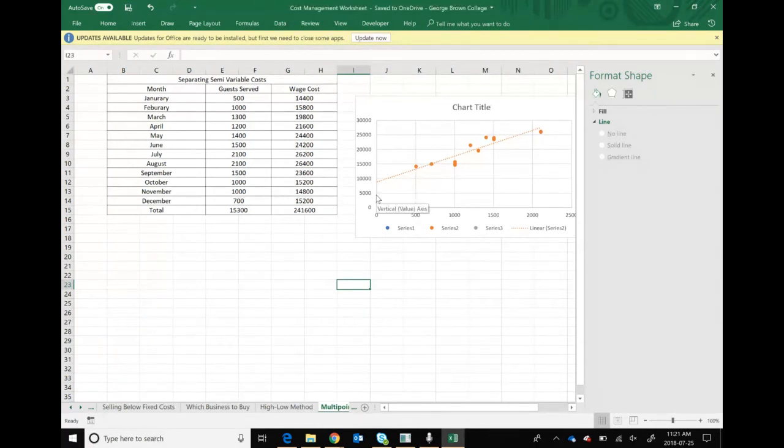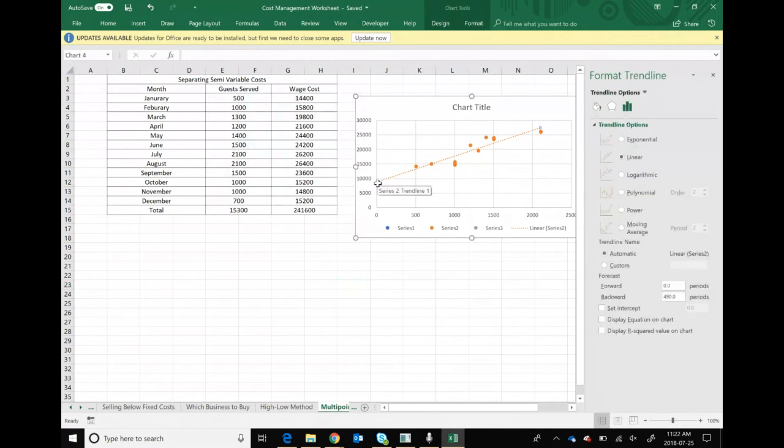The intercept of that linear regression with the y-axis is the point where there are 0 guests served, but there's still a cost. That is the fixed cost portion of your labor.